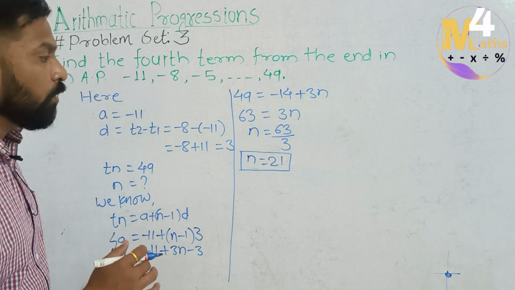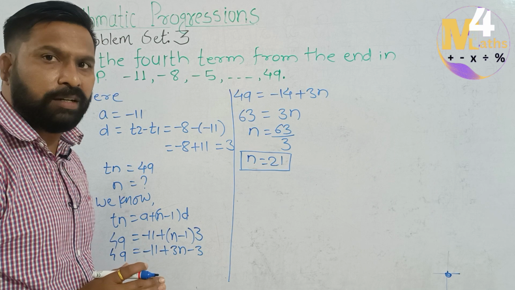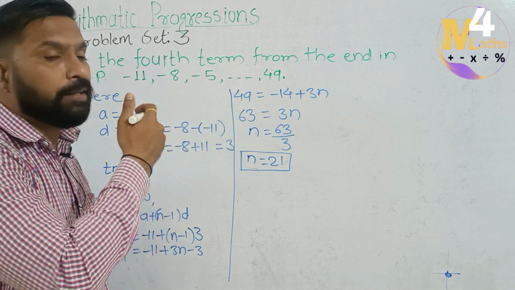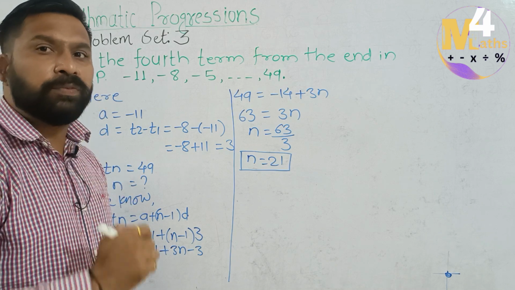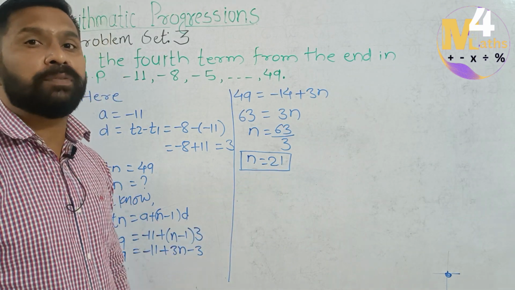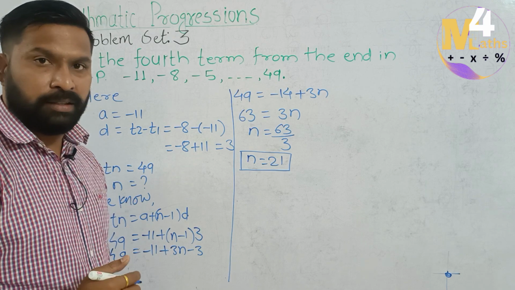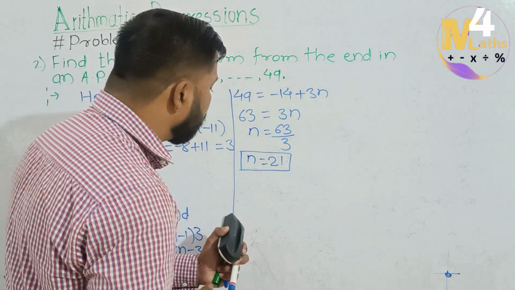So there are 21 terms in the arithmetic progression and we want to find the fourth from the end. Then from the 21, how much do we have to subtract? 3. So here we have to write it down. I will write it with the green pen.